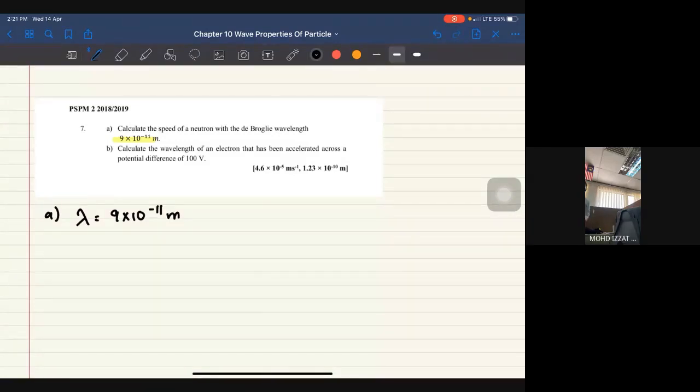If you want to refer to your formula sheet, there's a couple of formulas for this chapter, which is equation 84, 85. I'm going to write that one over here.